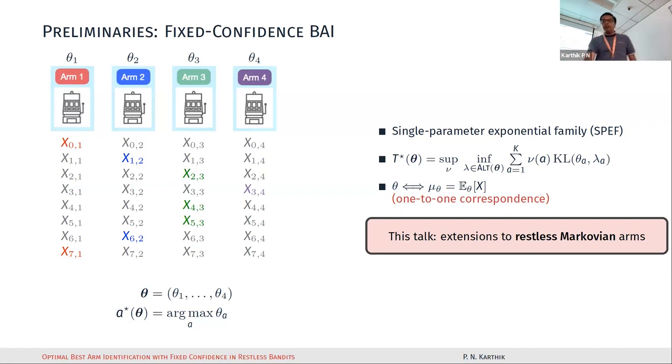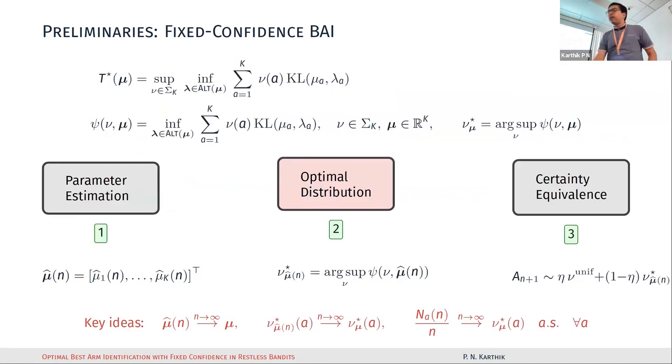That is because if you look at the lower bound carefully, the learner has to estimate this optimum distribution corresponding to the estimated parameter. If mu hat n is the estimated mean, the lower bound is not governed by the means, but it is governed by the parameters.